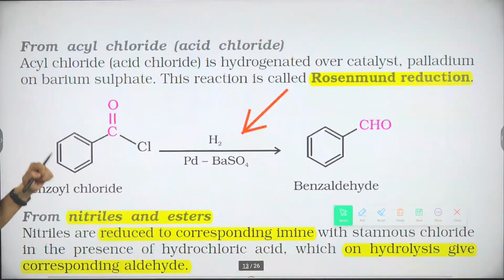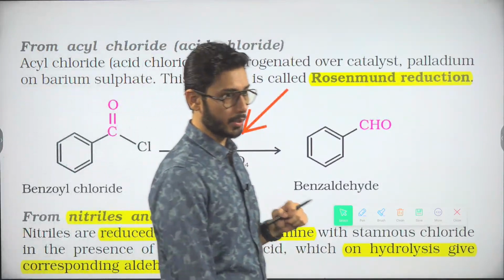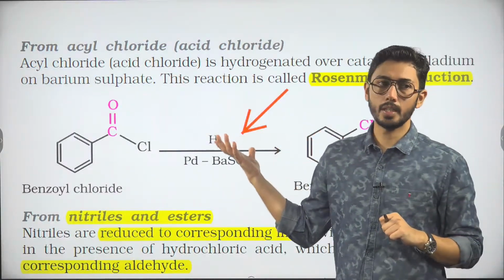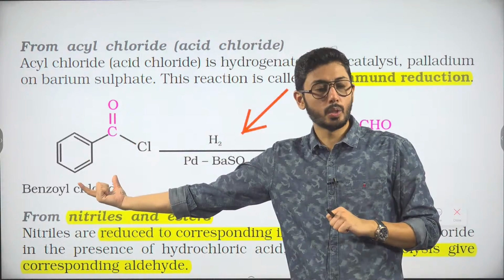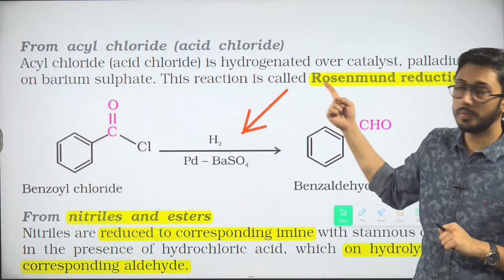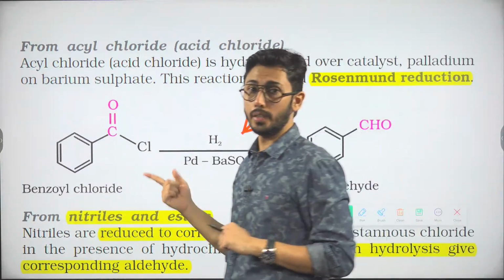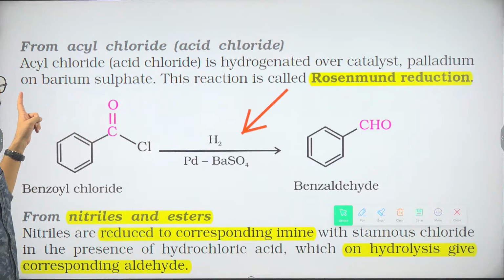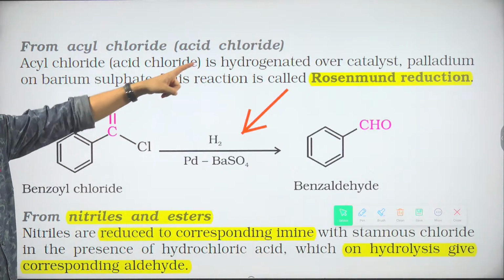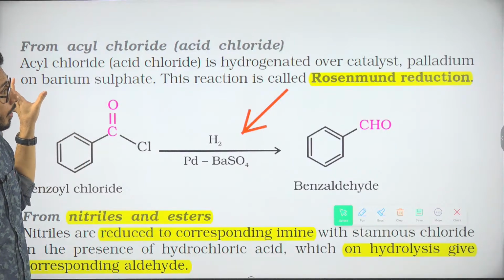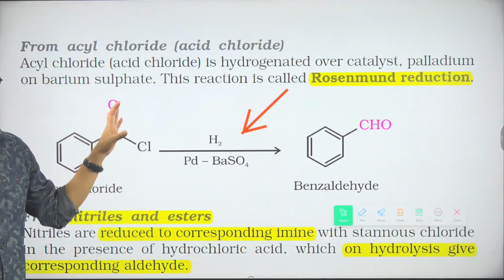Then name reactions of this chapter. Which one? Rosenmund reduction. In Rosenmund reduction, again a particular name reaction, the reactants are important. Which functional group is taken? Acid halide, or acyl halide, acyl chloride. With which reagent or catalyst involved? H2 with palladium on barium sulfate. It is hydrogenated over a catalyst, and the catalyst given is palladium on barium sulfate.